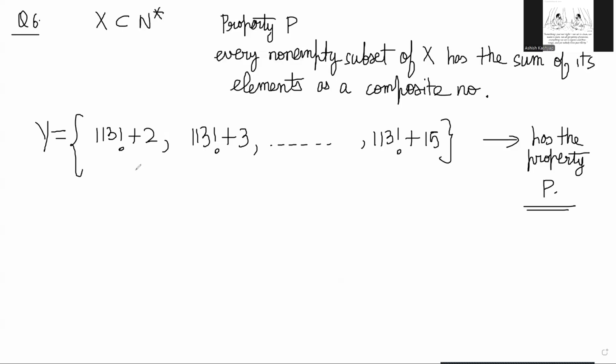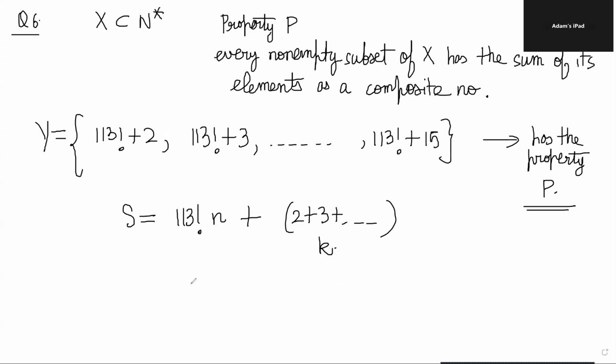Wait, one second. You are saying that when you take an arbitrary subset out of this, that subset sum will be 113 factorial times n, where n is just the number of elements in that subset, and then plus 2 plus 3 plus something, which you're calling k, right?